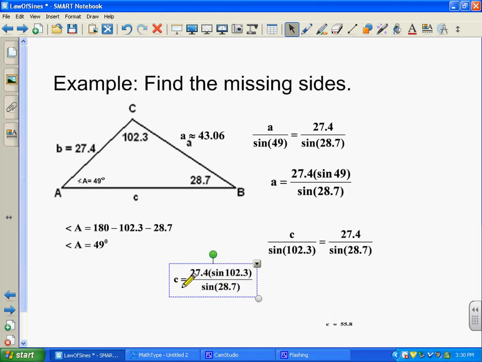That gives us an equation in terms of little c. We put this into our calculator and get a value for side c of 55.8. It would be good if you verified all these calculations with your own calculator. And there we have it: we have the missing sides, and we also threw in the missing angle at no extra charge.